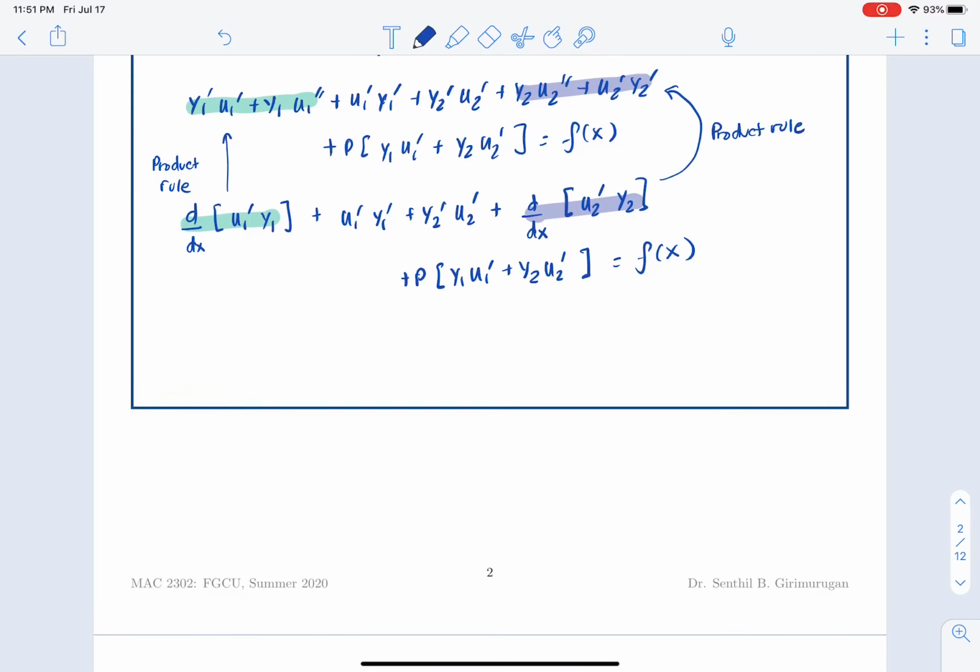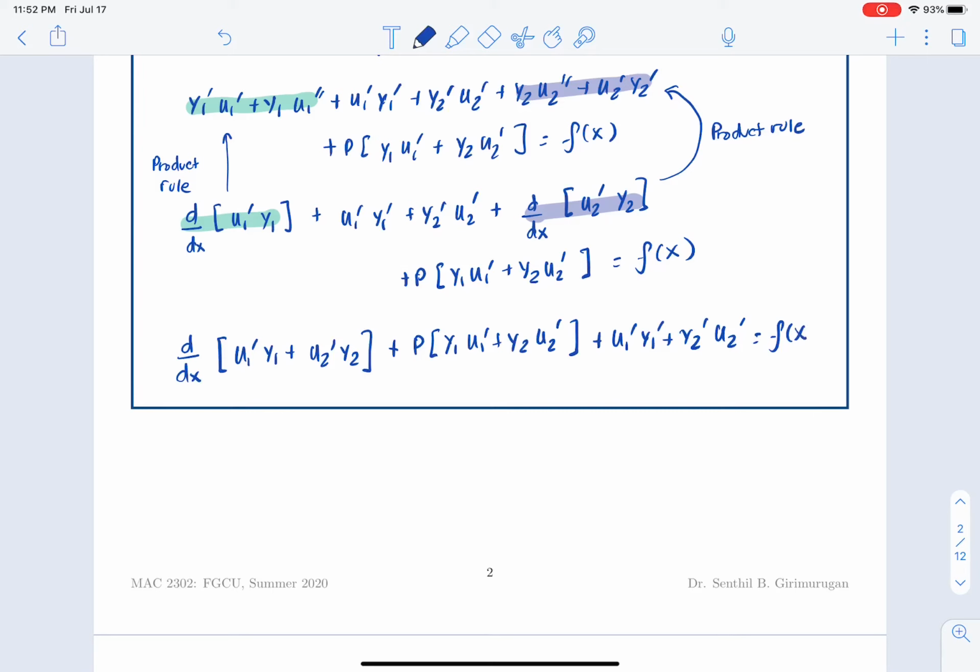I can combine the two derivatives and write it as u1 prime y1 plus u2 prime y2 plus p times y1 u1 prime plus y2 u2 prime, plus u1 prime y1 prime plus u2 prime y2 prime equals f of x.